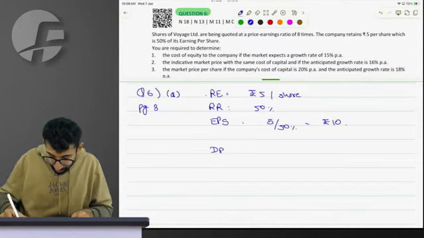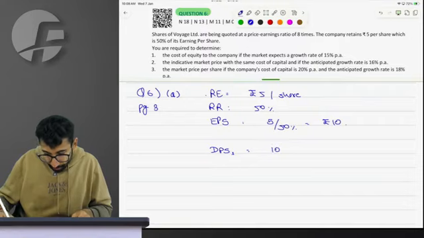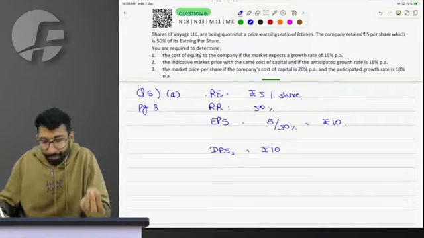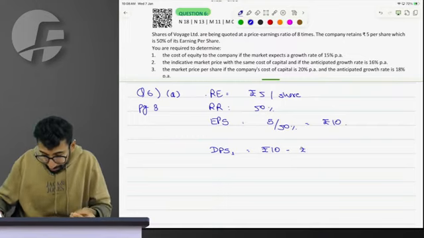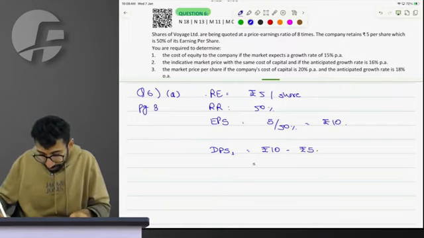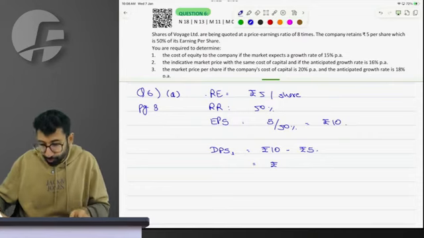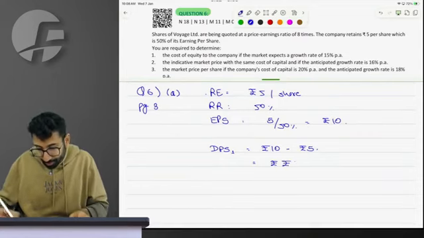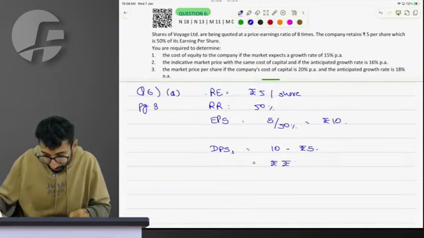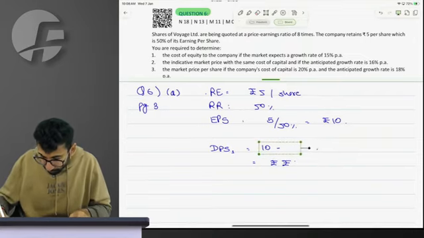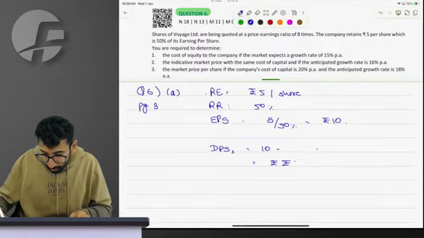So if EPS is clear, dividend at the end of first year will be 10 rupee of EPS, either multiplied by 50% or minus the retained earning of rupee 5. Retained earning of rupee 5 gives rupee 5 of DPS. In fact, let me teach you one more thing here. Sir, when you are making a calculation, it's okay if you do not write down the rupee.